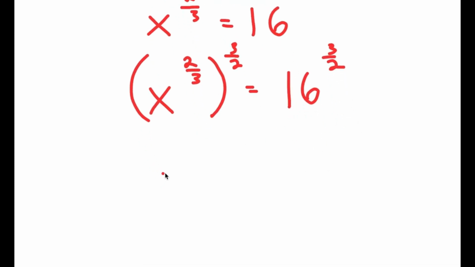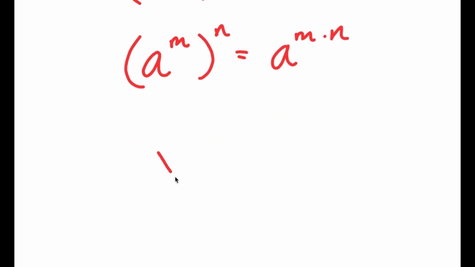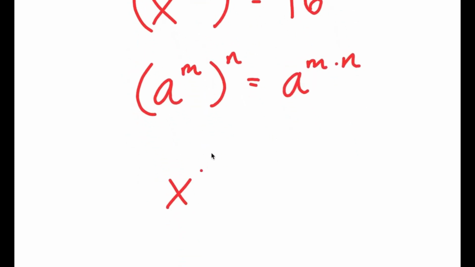And now if I have something in the form a to the power of m to the power of n, this is equal to a to the power of m times n. So x to the power of 2 over 3 to the power of 3 over 2 is the same thing as x to the power of 2 over 3 times 3 over 2.